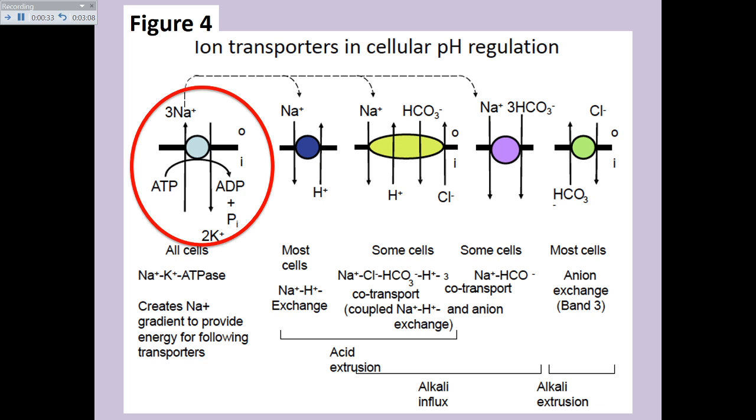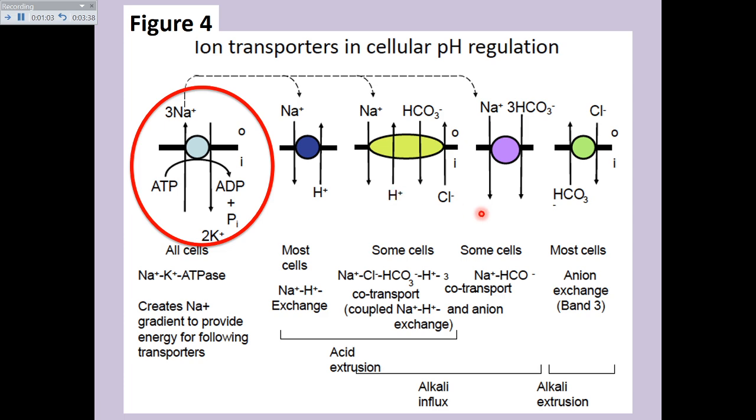There will be a Na gradient towards the inside, which acts as a driving force for other transporters. When Na decreases, Na can come in and hydrogen ion goes out. This is important in cellular acidity, to decrease the acid by increasing the expulsion of hydrogen ion.